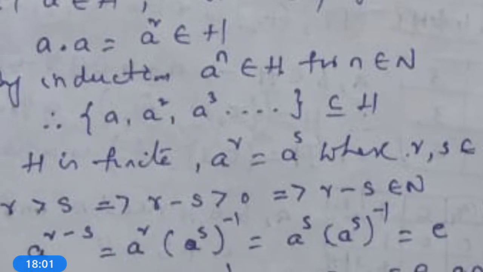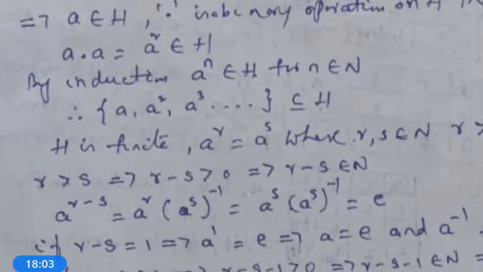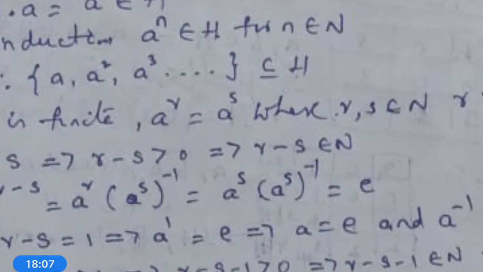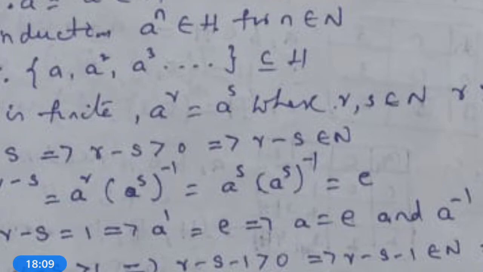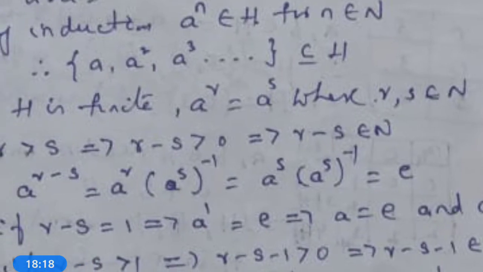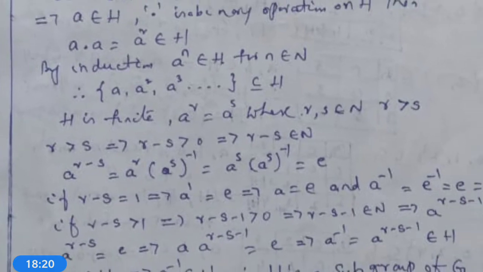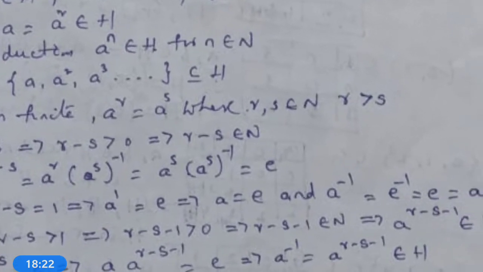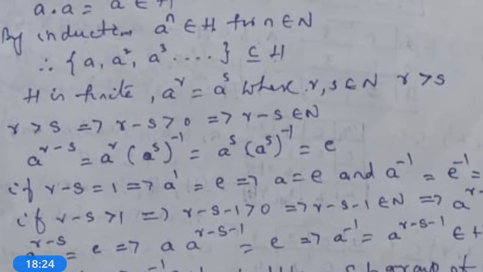Therefore, the set a square, a cube, etc., a power r, etc., a power s, etc., a power n, etc. is a subset of H. All these elements belong to H, so this set is a subset of H. H is finite, and let us assume two elements in the above set, say a power r and a power s, are equal.